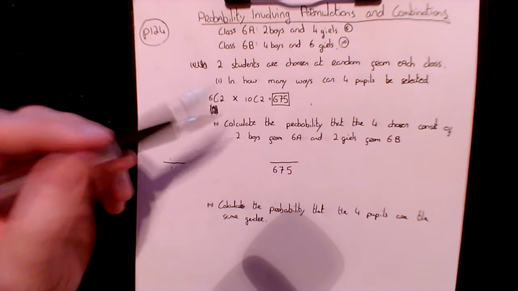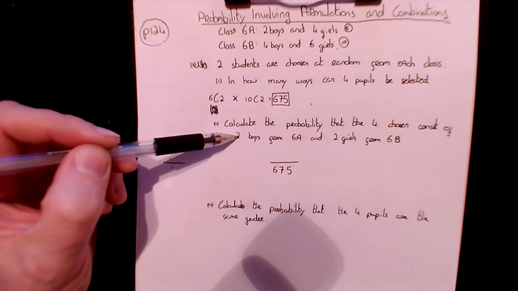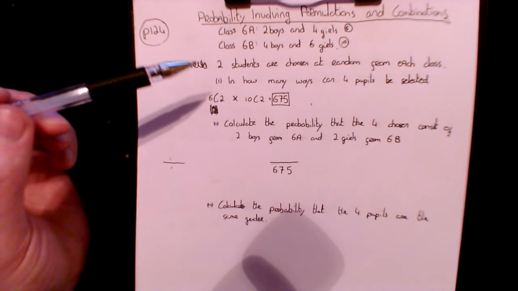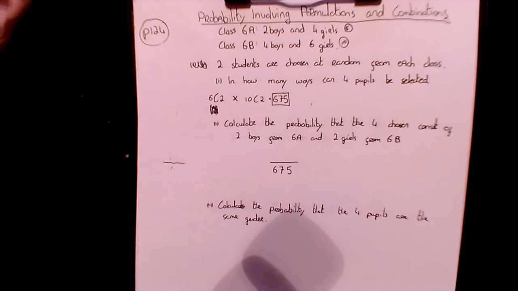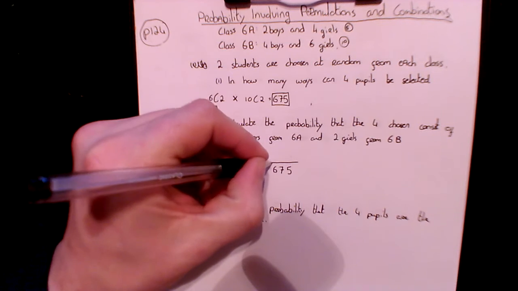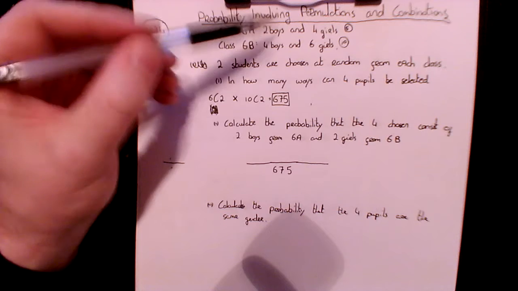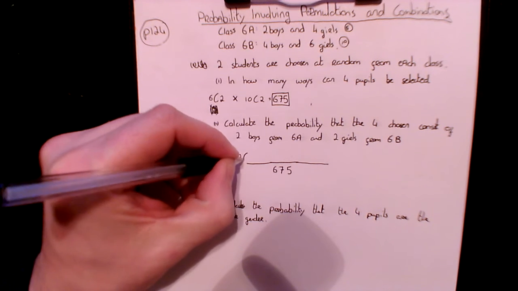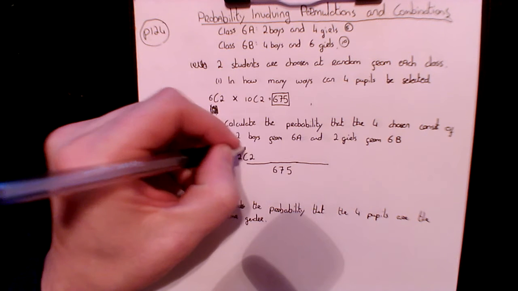And then I'm going to look at how many different ways I can choose 2 boys from this class, and then how many different ways I can choose 2 girls from this class. If we look here, I'll make this a bit bigger. How many different ways can I choose 2 boys from this class? Well, there's only 2 boys there, so it's 2 choose 2. I'm choosing 2 boys from the 2 boys there, so that's only one way.